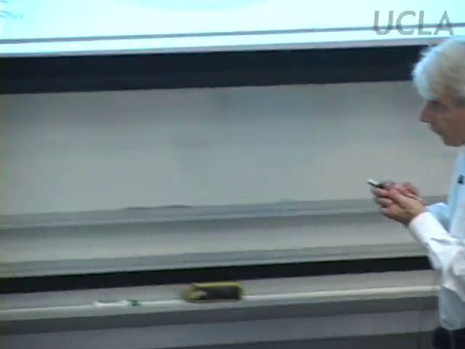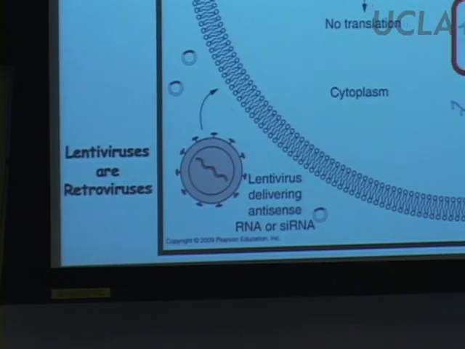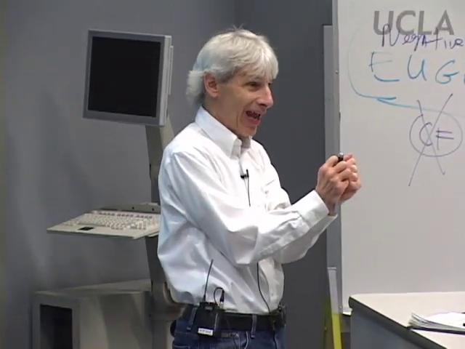If you could deliver in a virus, this is a retrovirus, something that would make an anti-copy of that RNA, an antisense RNA, in the cell, that antisense RNA would form a complement with the sense RNA. You'd get a double-stranded RNA in the cytoplasm, and protein synthesis would be shut down. That's the principle.